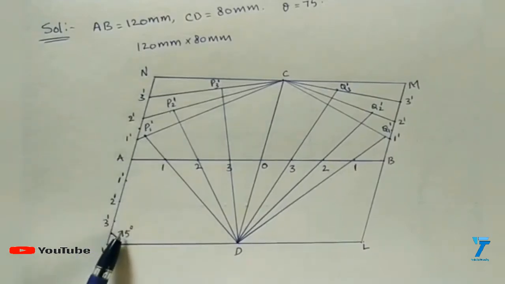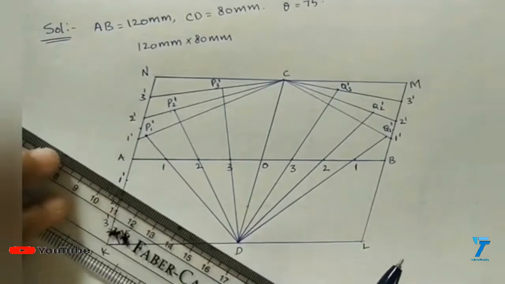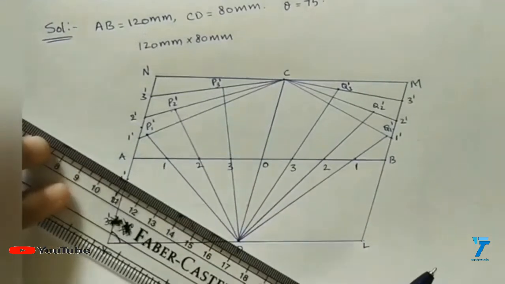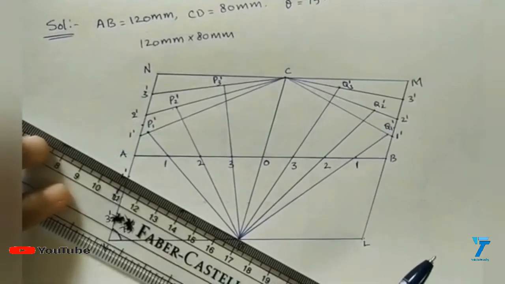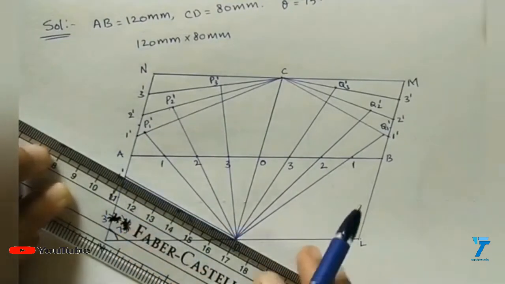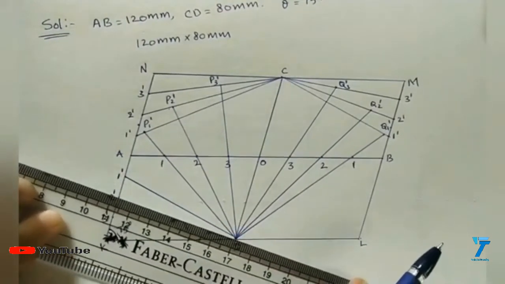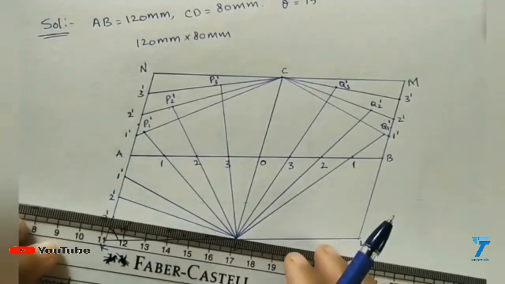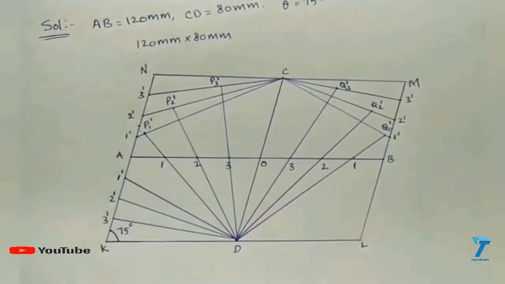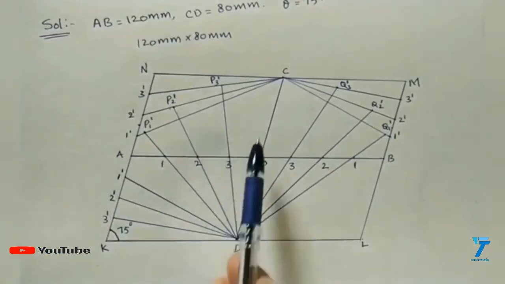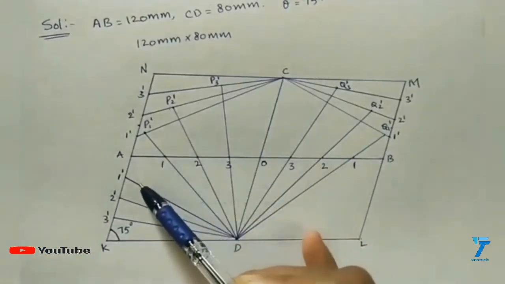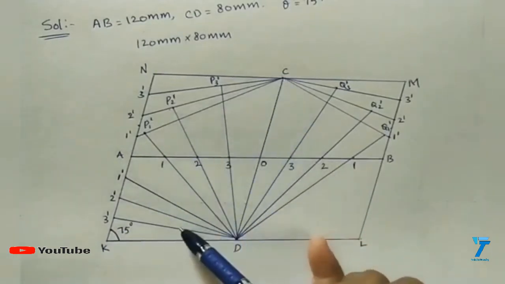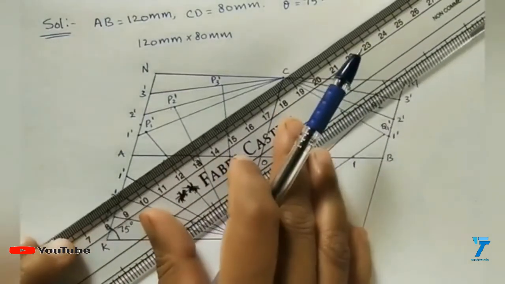And join these points to D. Similarly we joined here, so join all these points to D. Join C1 and extend up to 1 dash. Join C2, extend up to 2 dash. Join C3, extend up to 3 dash with the help of scale.